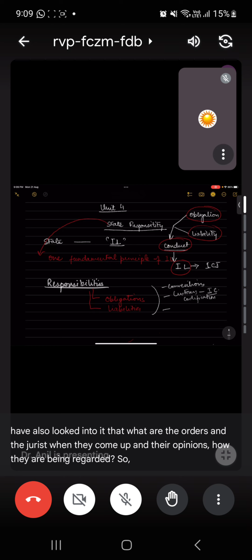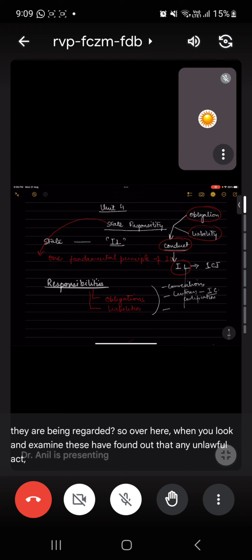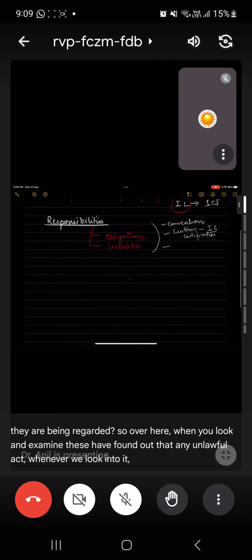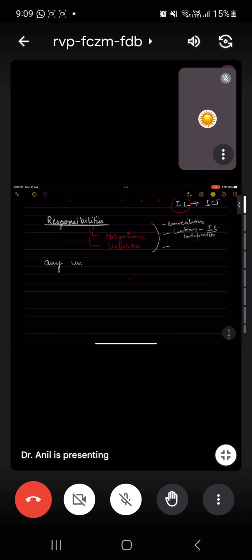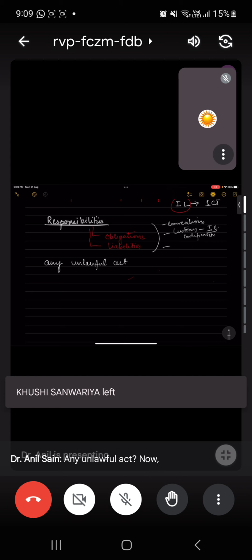So over here, when you examine, these have found out that any unlawful act, whenever we look into it, any unlawful act.